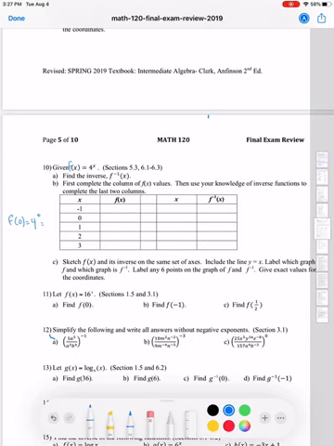I replace x with 0. 4 to the power of 0 is 1. Anything to the power of 0 is 1. Replace x with 1. 4 to the power of 1 is 4. 16. 64. This right here is 1/4. Okay, so we complete the table.